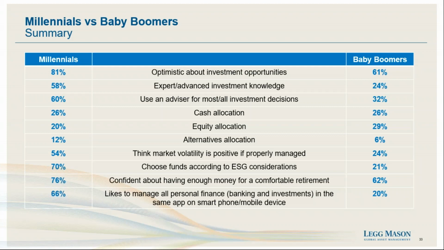You can see on a line-by-line basis where the differences are. On expert advanced investment knowledge, the millennial believes they are more than twice as expert as their baby boomer comparison. You can see the ESG point, third from the bottom. They are 70% likely to be looking at ESG considerations in their investment decision making.